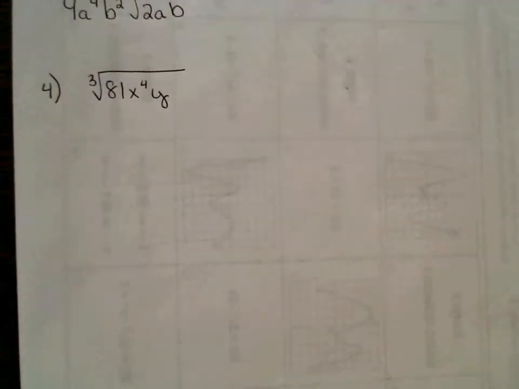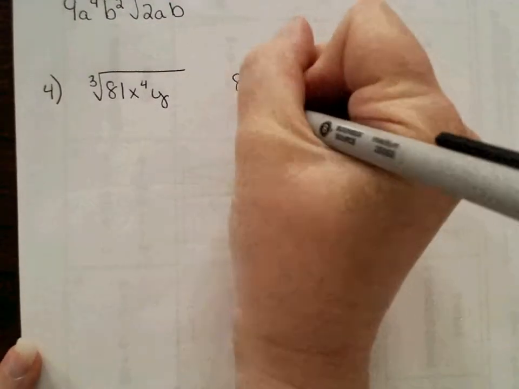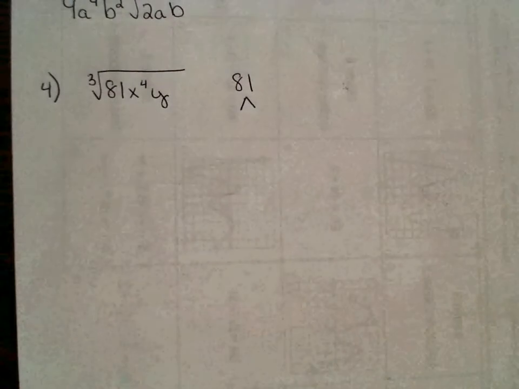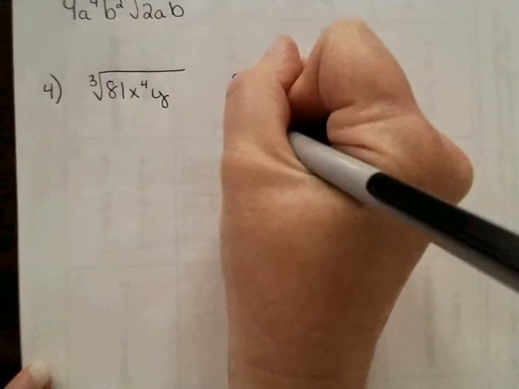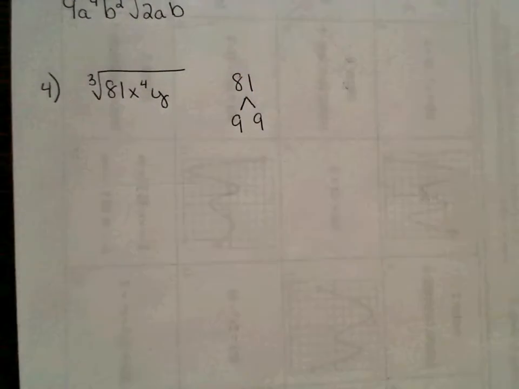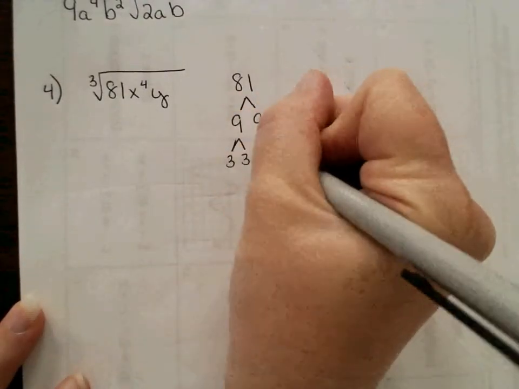Okay, so we have the cube root of 81 x to the 4th y. 81 is 9 times 9, and 9's going to break down to 3 and 3.